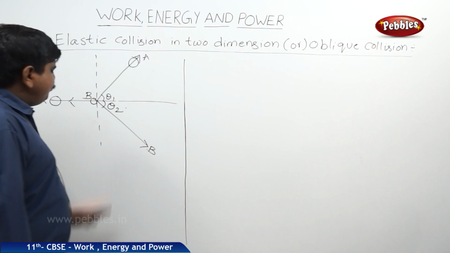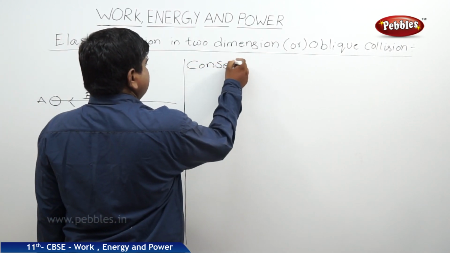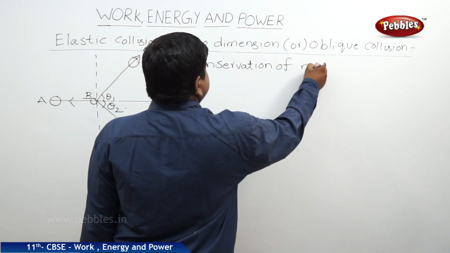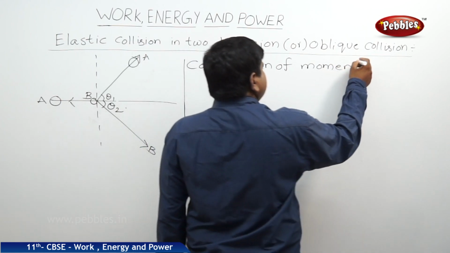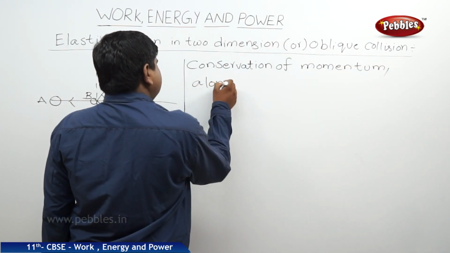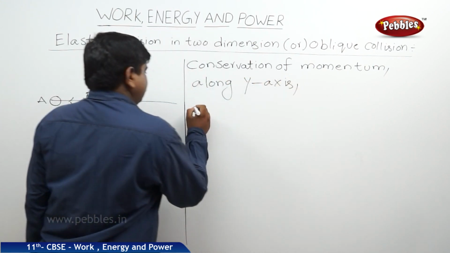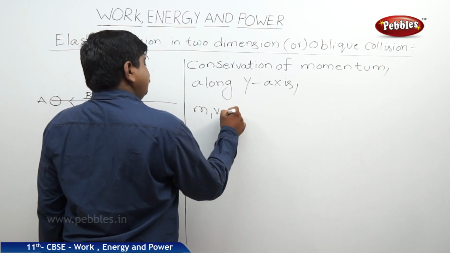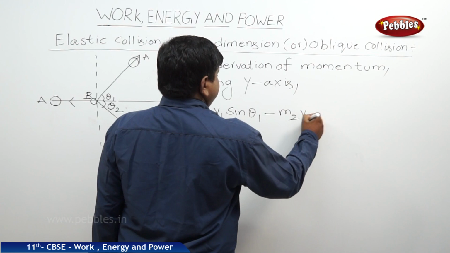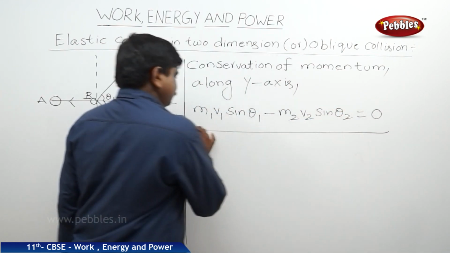So the conservation of momentum along the y-axis is m1 v1 sin theta 1 minus m2 v2 sin theta 2 is equal to 0.